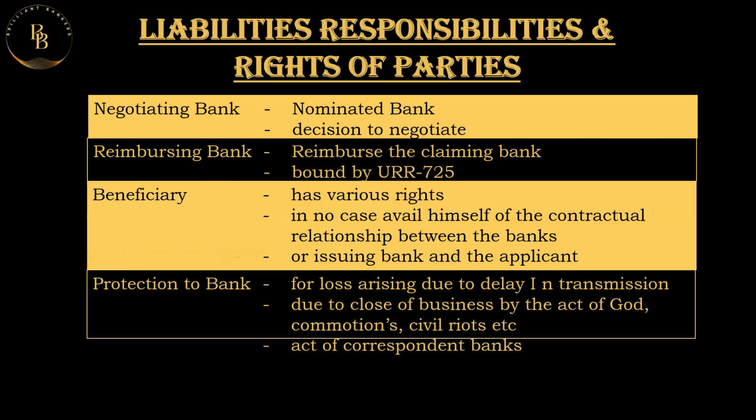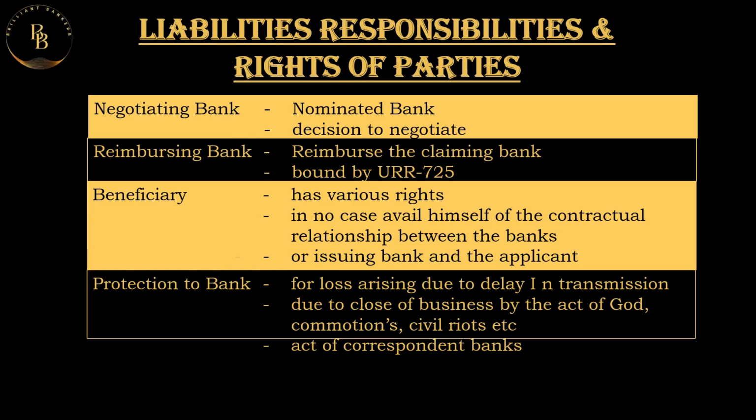What are the liabilities and rights of a reimbursing bank? The reimbursing bank deals with the bank to bank reimbursement clause. The reimbursing bank shall reimburse the claiming bank the amount of claim lodged, subject to the condition that it has received reimbursement authorization from the issuing bank and has accepted the same.